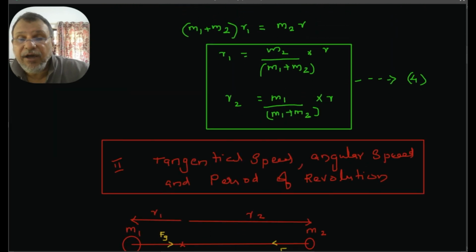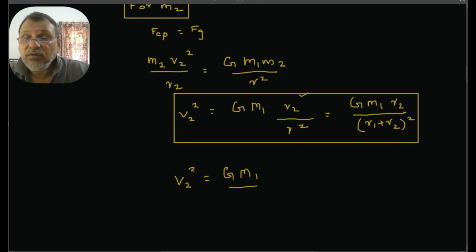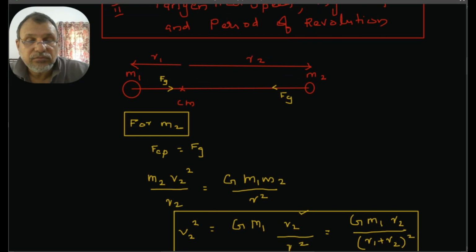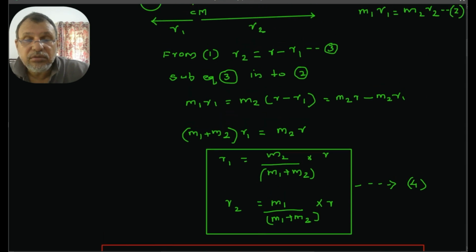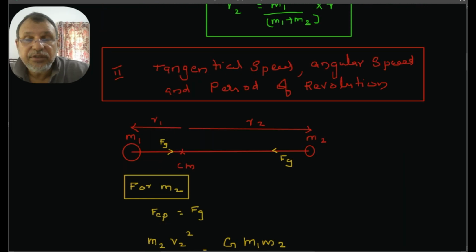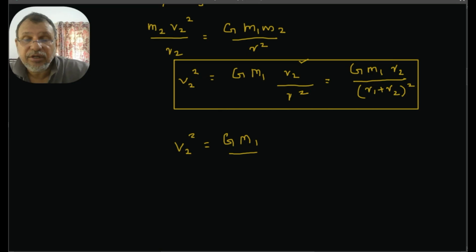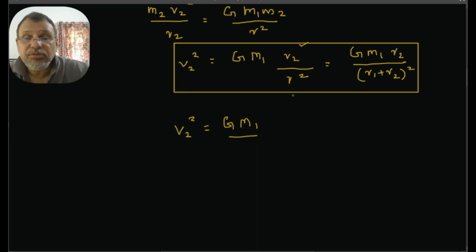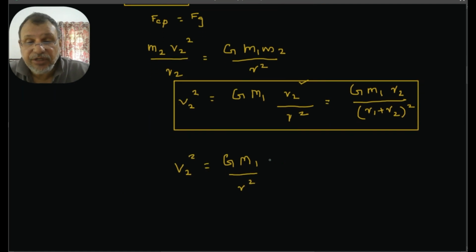Look at the top. r2 is equal to m1 over m1 plus m2 times r. So instead of r2, we write m1 r divided by m1 plus m2.